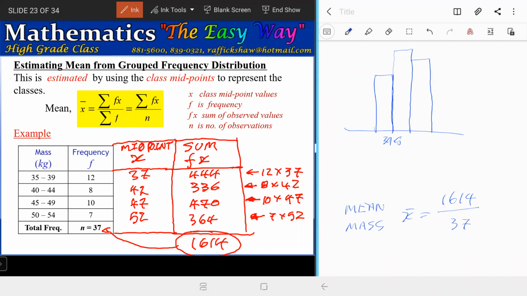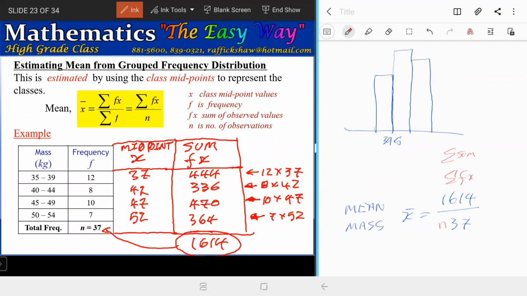This up here is the sum of fx, the sum of all the balls, and this down here is the number of balls. So this is like the sum of the sum. You're summing them group by group, and that's how we do it.